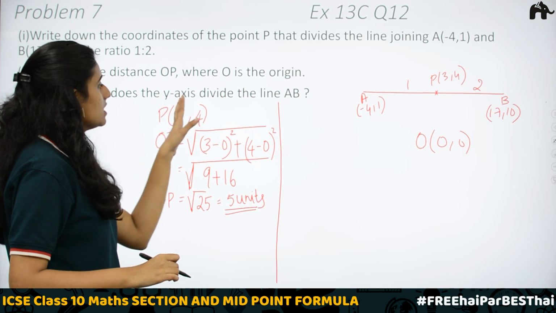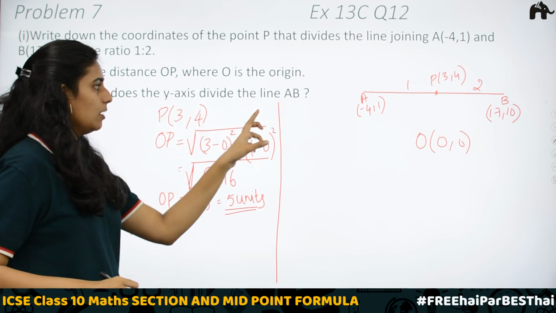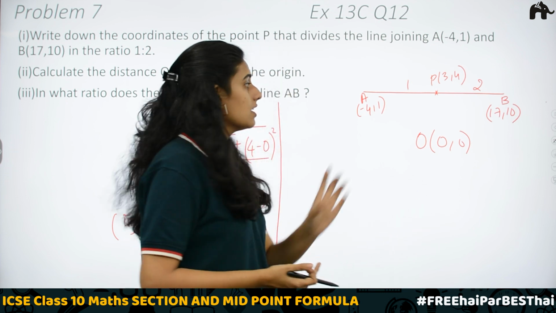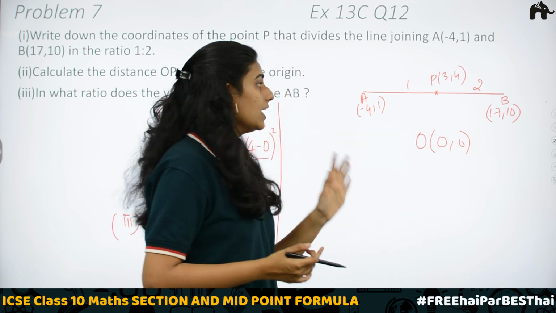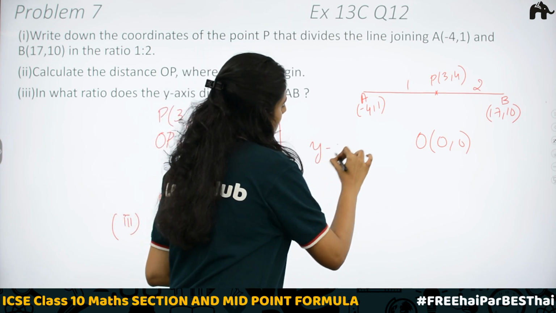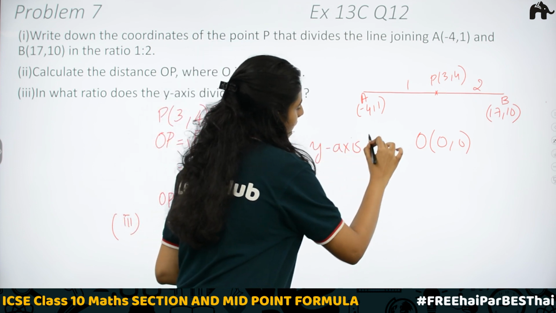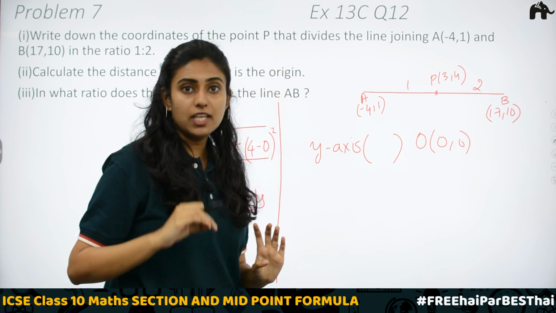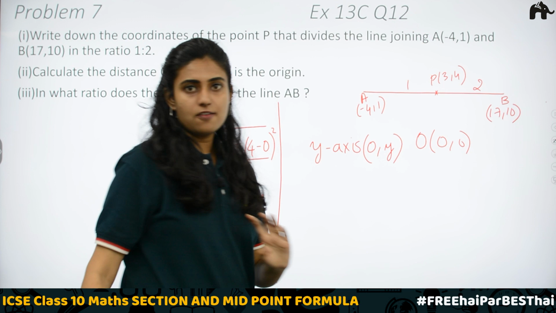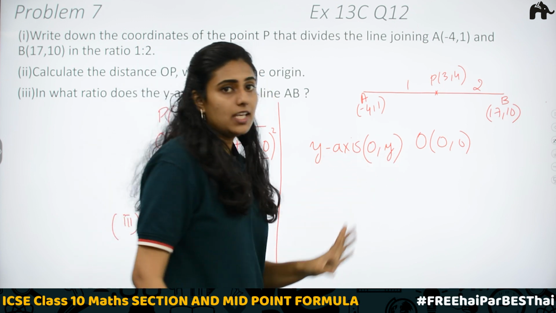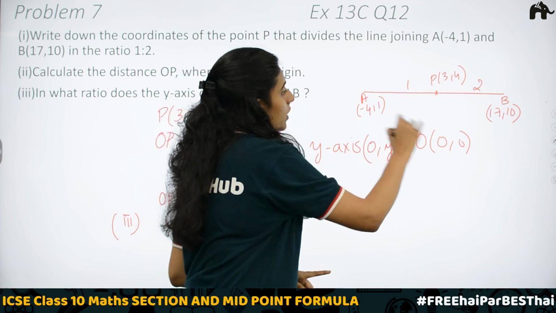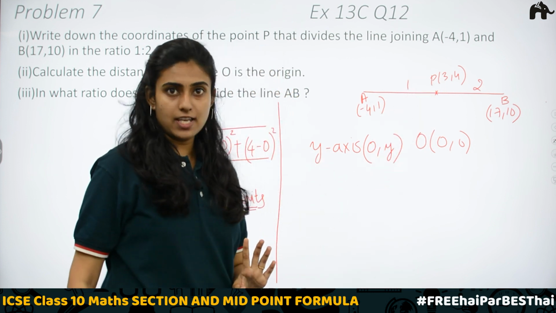In what ratio does the y-axis divide the line AB? This is line AB and the y-axis passes through this. In what ratio does the y-axis divide AB? For the y-axis, the x coordinate will be equal to 0 and there will be y. 0, y is the coordinate of a point that passes through AB along the y-axis.